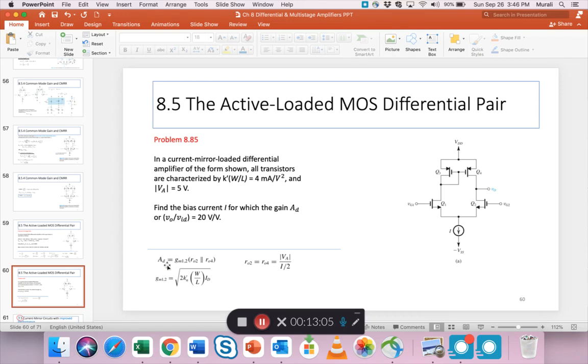So AD is given. We can find RO2, RO4 in terms of I. GM can be found in terms of ID. And we know ID is equal to half of I. So it shouldn't be difficult to solve for I. So let's see how that's done.